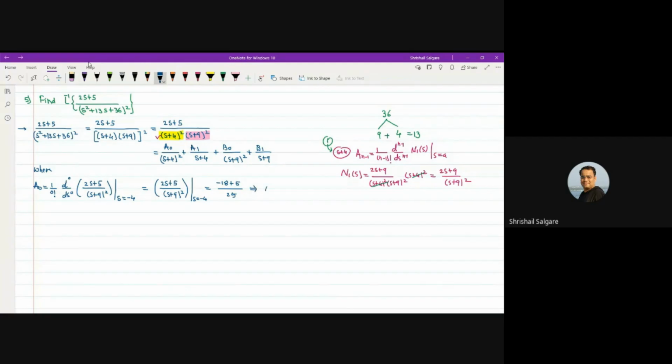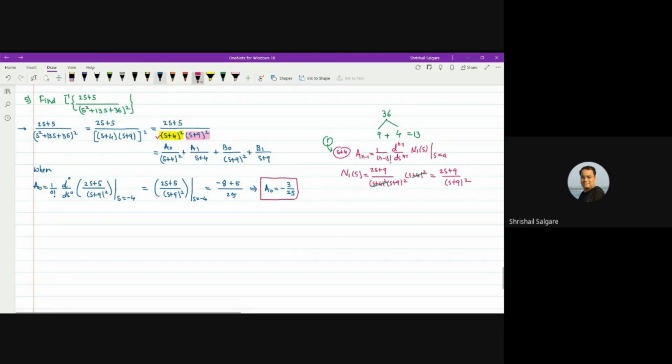So a naught is -8 plus 5 divided by 25. What is the constant then? Minus 3 by 25. That is the first term.